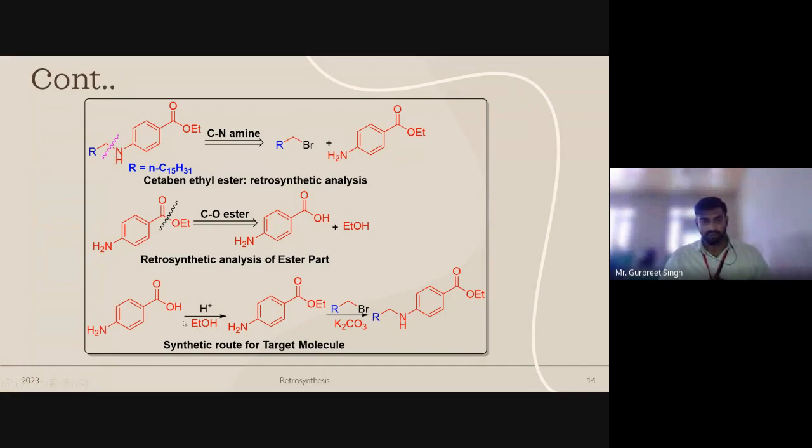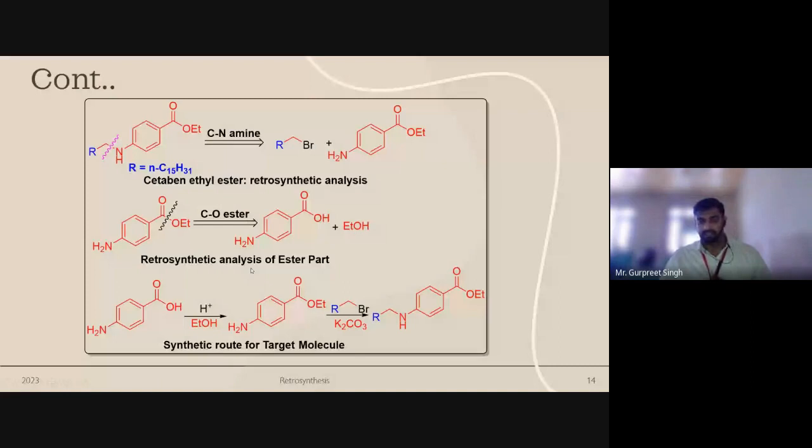For the synthetic route, first 4-amino benzoic acid needs to be esterified using ethanol and acid to give this benzoate ester, and then the final group must be added using the appropriate reagent, and we end up with the ethyl ester.